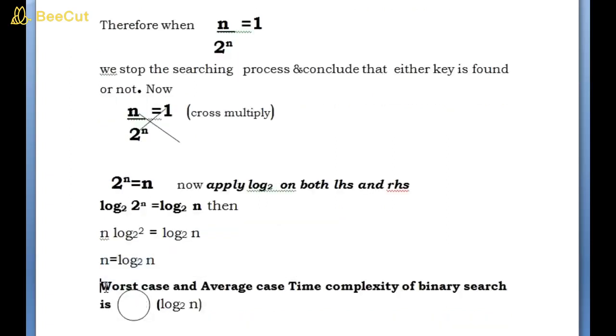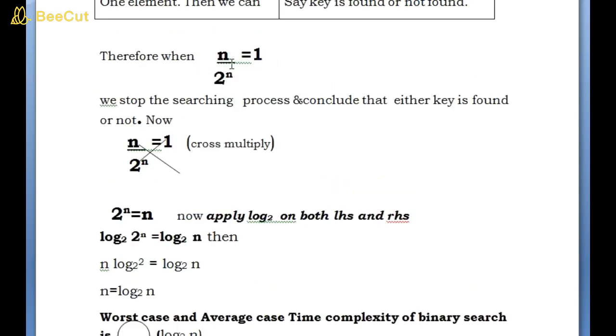Therefore we can say that the worst case and the average case time complexity of binary search is big O of log n base 2, or simply big O of log n, in both worst case and average case. Please try to understand this: n by 2 power n equal to 1 means we keep on dividing the array into 2 parts until each part contains only one element.